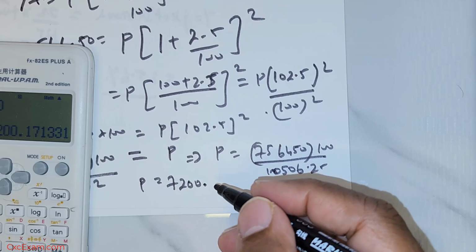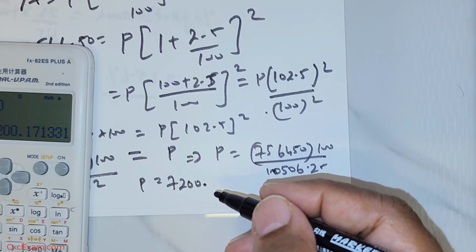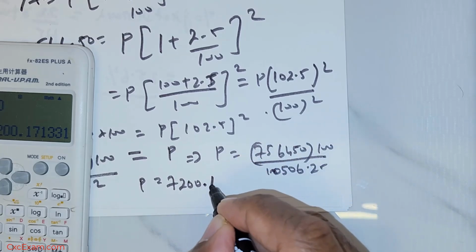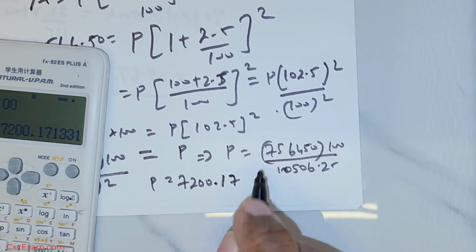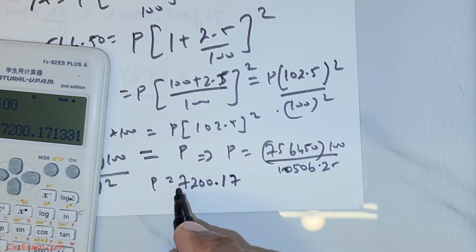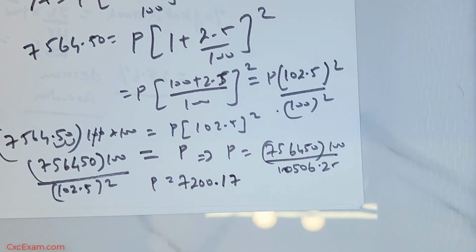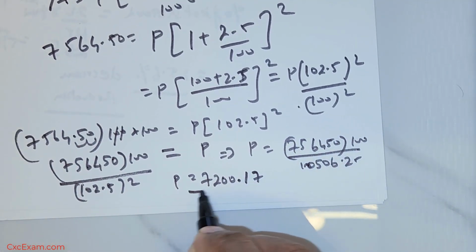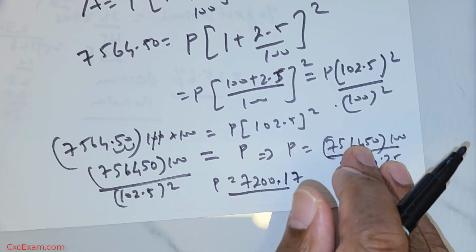We can state that value, but since the investment is always going to be a whole number, nobody is going to walk into the bank with 7200.17, right?